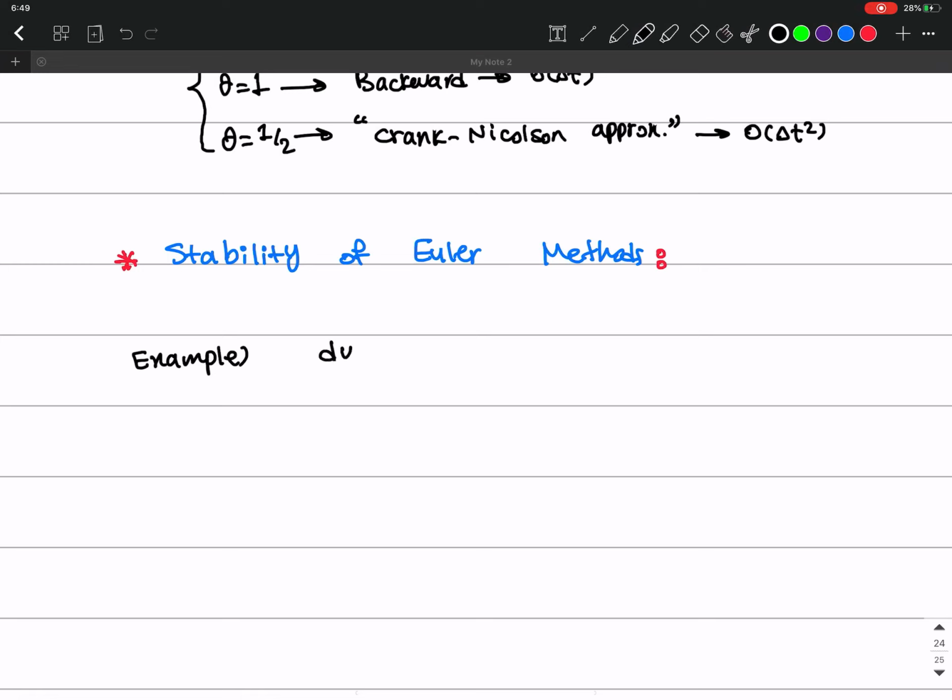I'm gonna look at du over dt equals minus kappa u for t greater than 0, and u at 0 is u0. So I want to plot it as well.